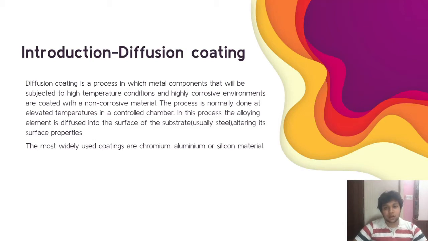In general, this is the process in which the metal is coated with another metal in the process of diffusion coating in order to improve its properties, as well as to make the material non-corrosive. The diffusion saturation is possible from various phases, that is from solid, from gaseous or from the liquid state.